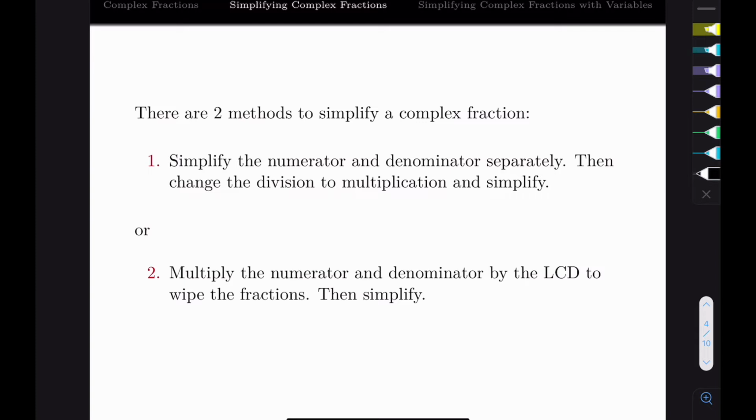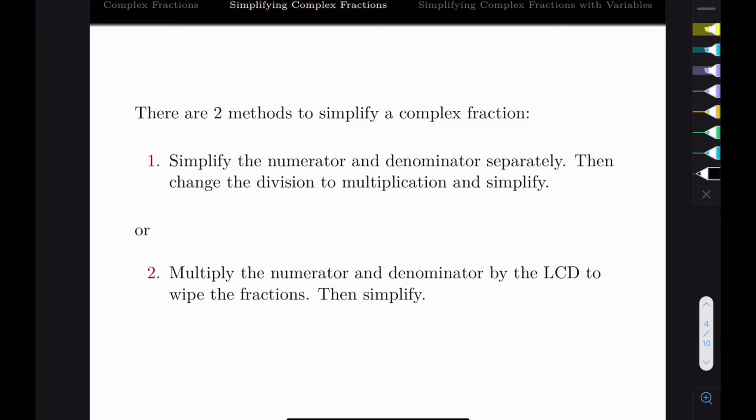Really, you can do either one, whatever is going to click best for you. I'm going to go ahead and do our first case, where we have just a regular complex fraction involving numbers, both ways. But I personally tend to gravitate towards one method over the other. But if you like the other version, again, pick what works best for you.